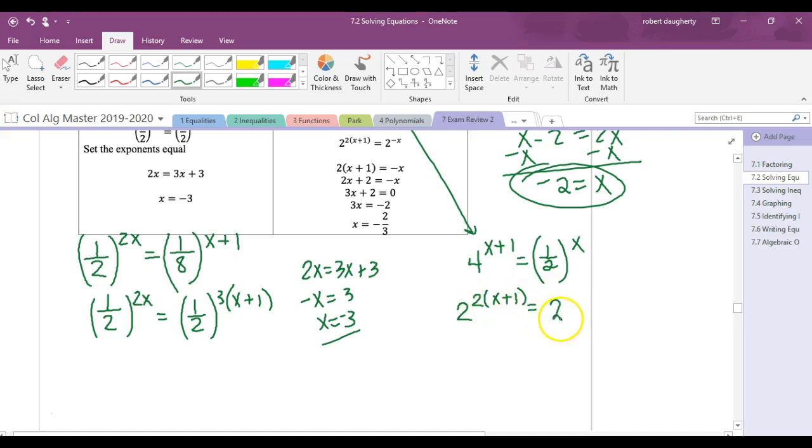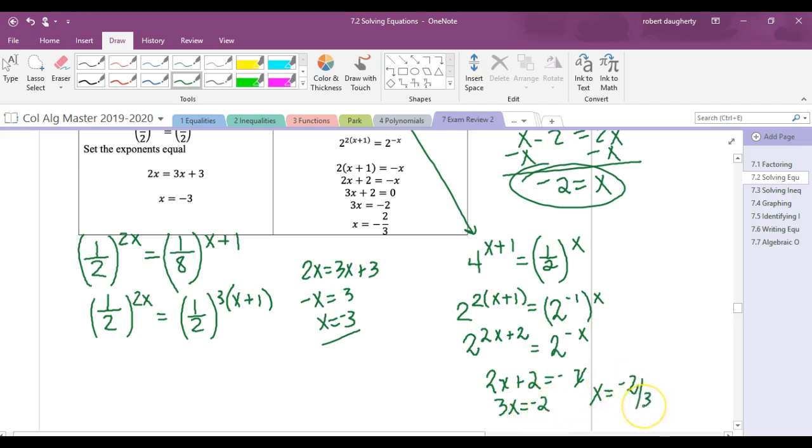But on the right, this is 2 to the negative 1 raised to the x. So I get 2 to the 2x plus 2 equals 2 to the negative x. Now my exponents can be set equal to each other. 2x plus 2 equals negative x. That means that 3x equals negative 2, or x equals negative 2/3.